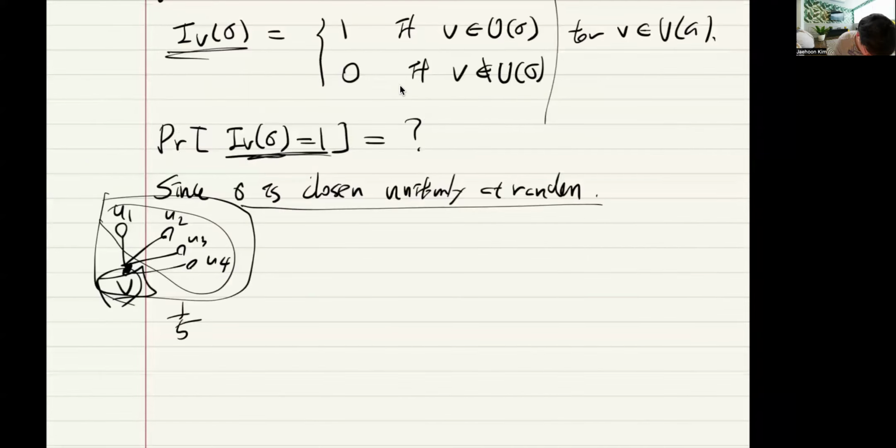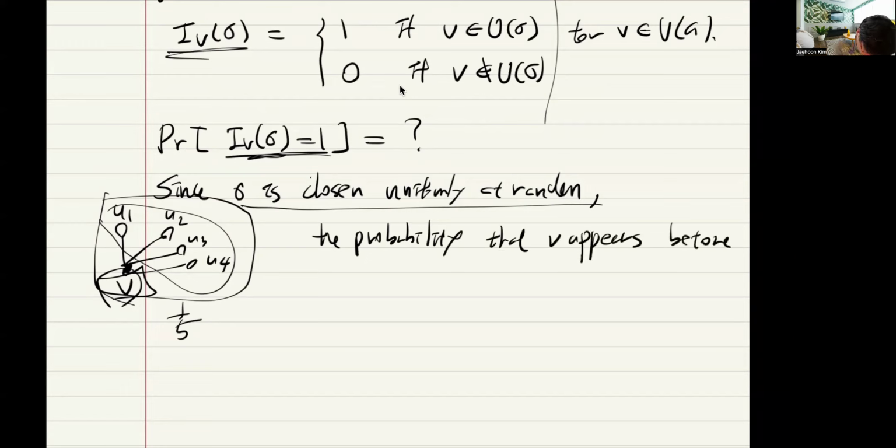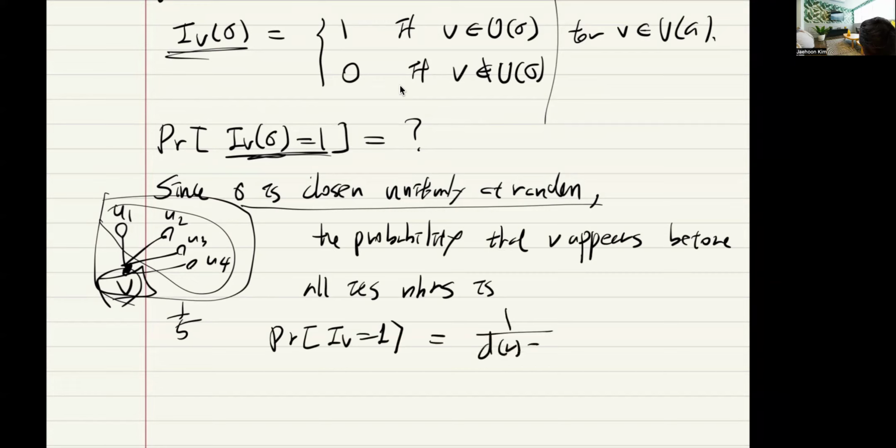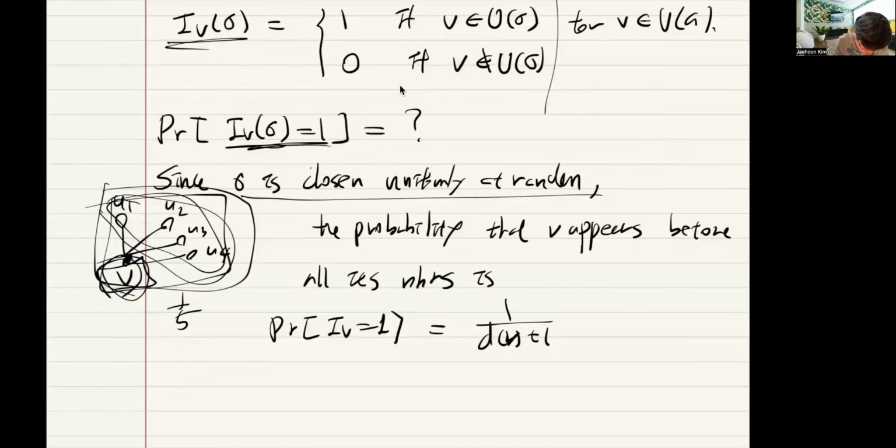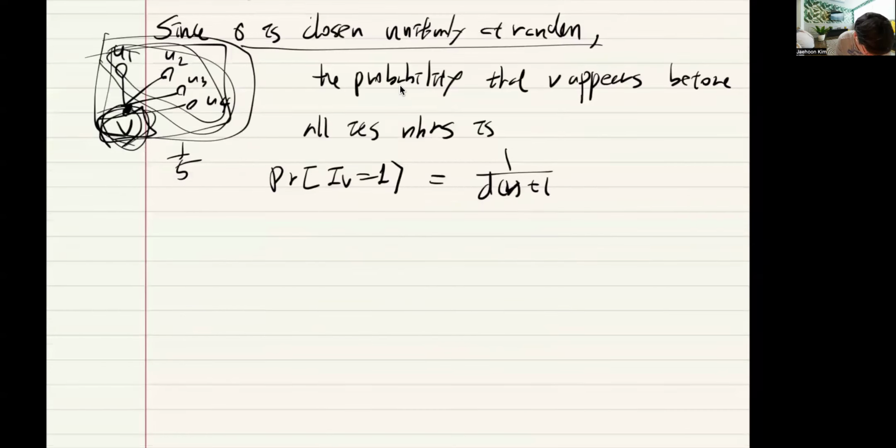So the probability that v appears before all its neighbors is 1 over the degree of v plus 1. The degree is the number of neighbors, and then you add the v itself, for everyone.